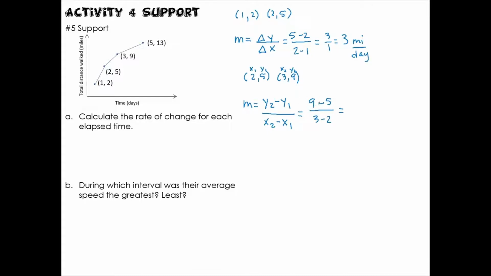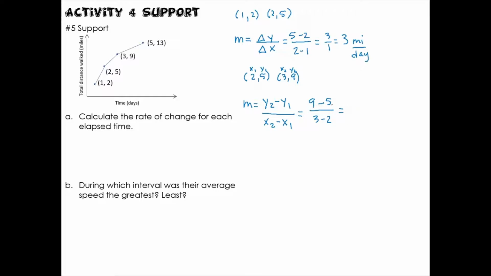Honestly, if you had flipped those two, it was 5 minus 9 and 2 minus 3, you would get negative answers on the top and the bottom, which, if you're dividing a negative by a negative, would be positive still. So either way, it doesn't matter which one is your x1 and your x2, as long as you keep them consistent, so your 1s are on one point and your 2s are on the other point.